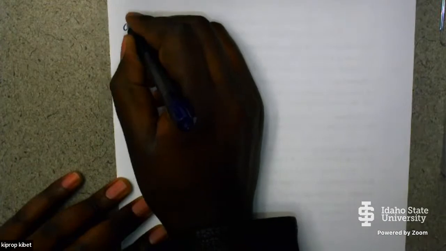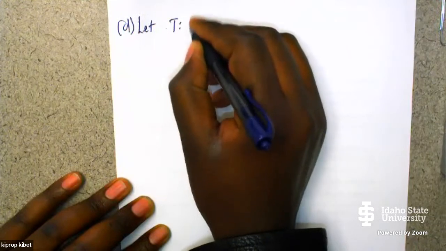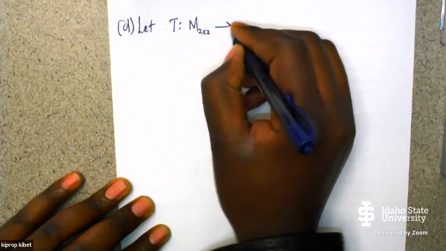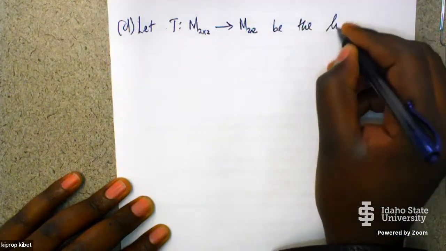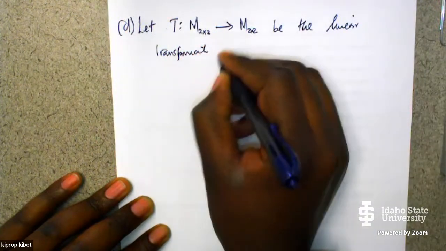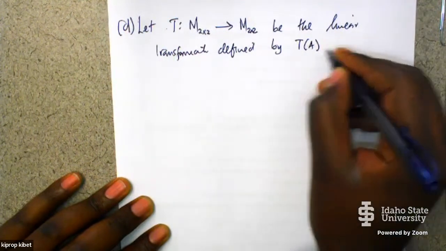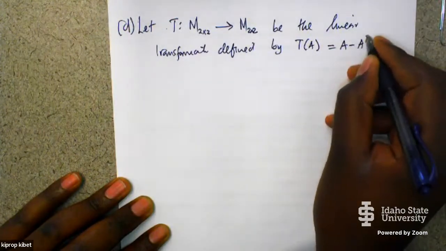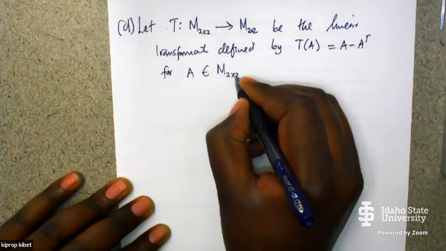Okay, let's look at another example. Example number B. Let the transformation T from M 2 by 2 to M 2 by 2 be the linear transformation defined by T of A equals A minus A transpose for A an element of M 2 by 2.